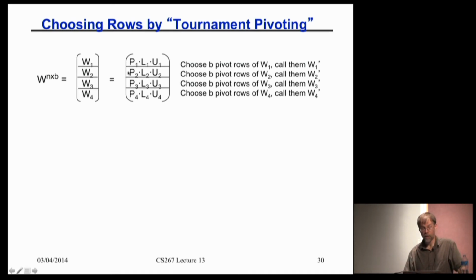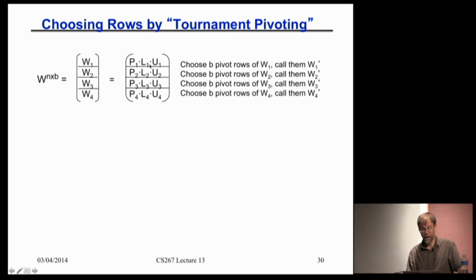So each one is independently factored. Since I'm doing partial pivoting, each processor will pick the b most linearly independent rows from its local rows, right? So the top b choices from this permutation are going to be the most linearly independent rows of W1. I'll call them W1 prime. This is, if you like, the quarterfinals in my tournament. Everybody chooses the best b players.